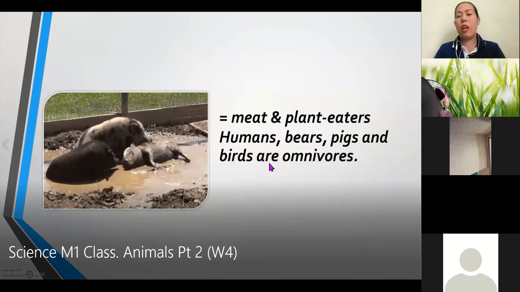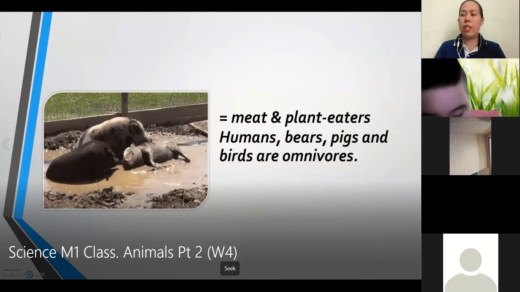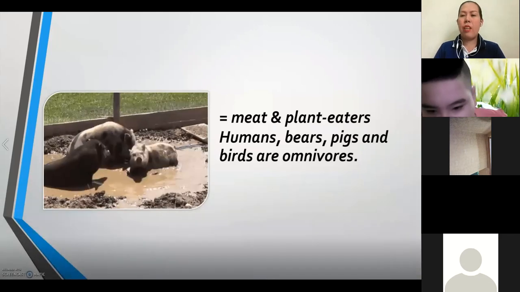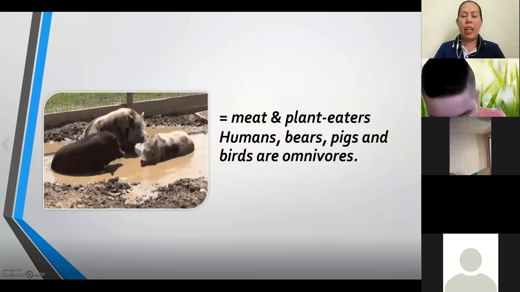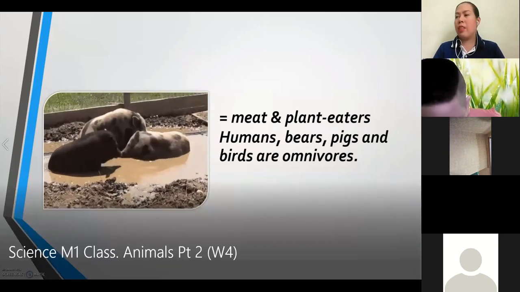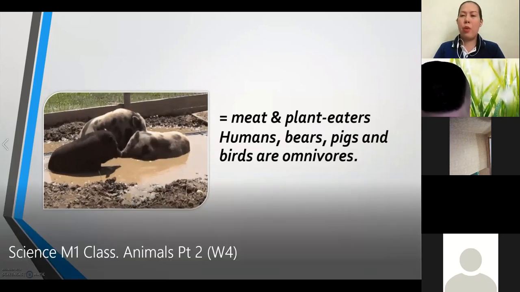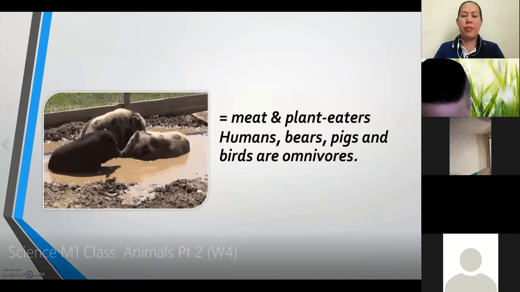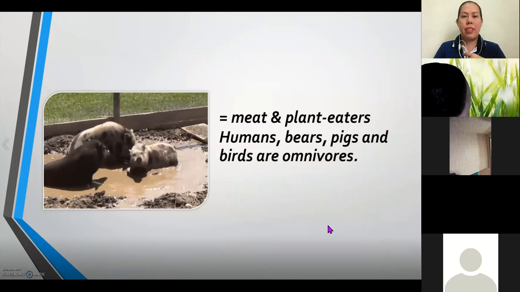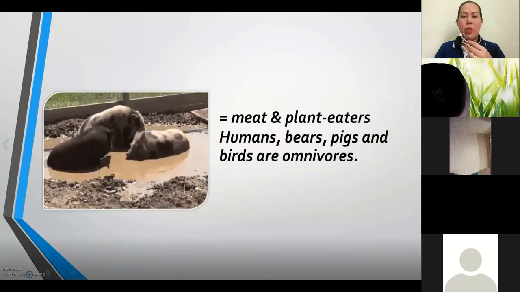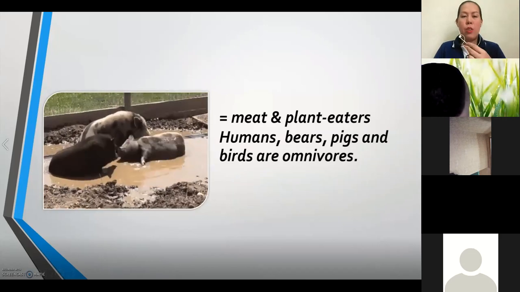Can you give me more examples of omnivores? Raccoon. Raccoons. Very good. How about us humans? Are we omnivores? Yes, we are omnivores. Okay, we need to do it faster.